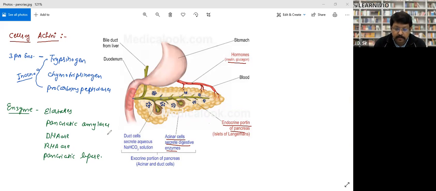In pancreas: the pancreas is a grayish pink gland which weighs about 60 gram.